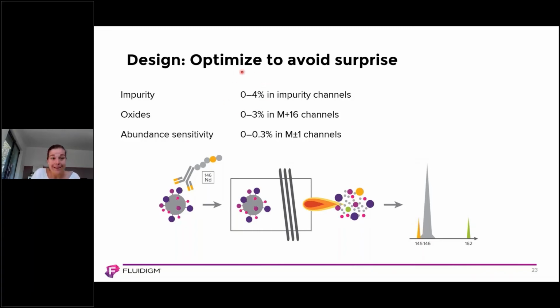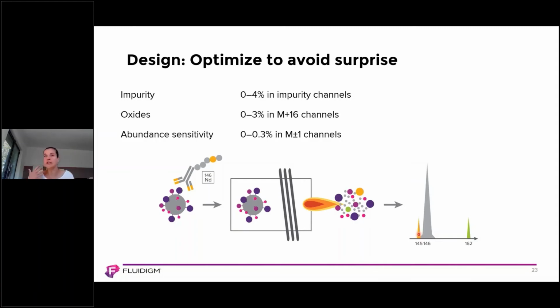Just keep in mind that the percentage of impurity is really, really low. But if you have here in 145 PD1, for example, this marker is super low expressed. So now you have to take into account that you will have this contamination, and just think about that.